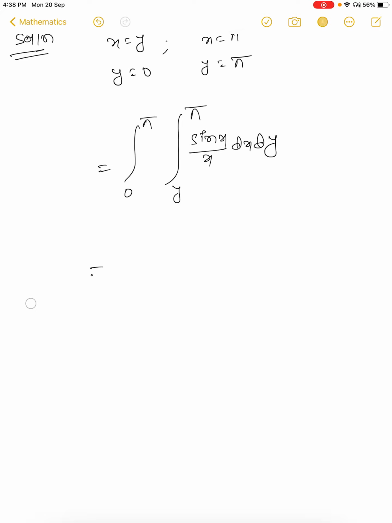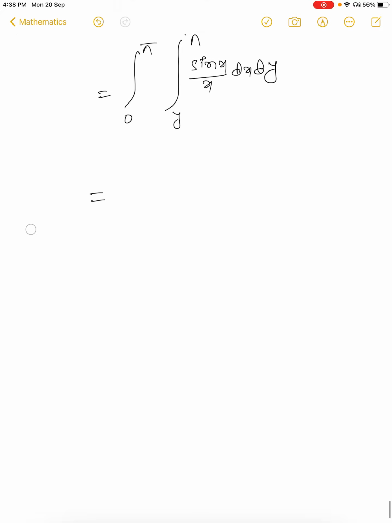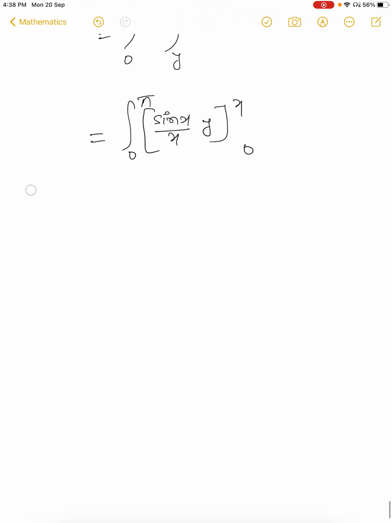So first in terms of y, the limit will be 0 to x, and the integral of sin x upon x into y dx.